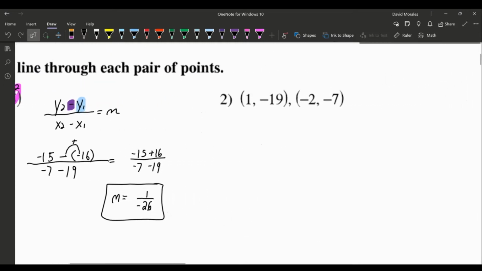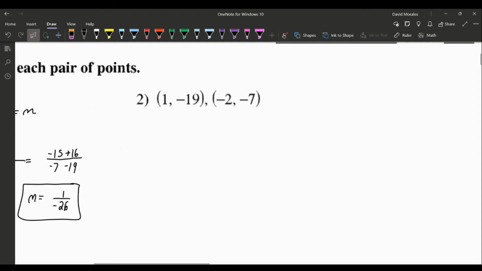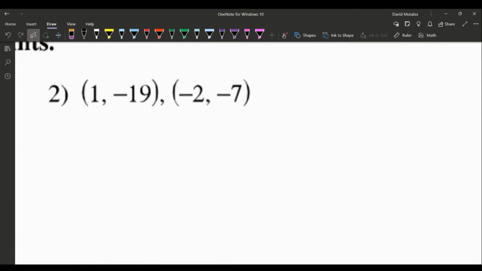Okay. So let's go ahead and do the next one. Probably number 2 is just a little easier. Okay. Label your numbers, right? x1 y1, x2 y2. Okay. So I got x1 y1 x2 y2. I do my formula.